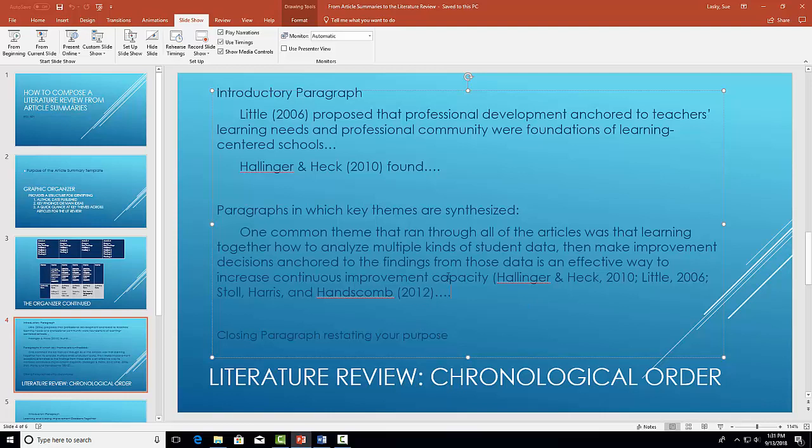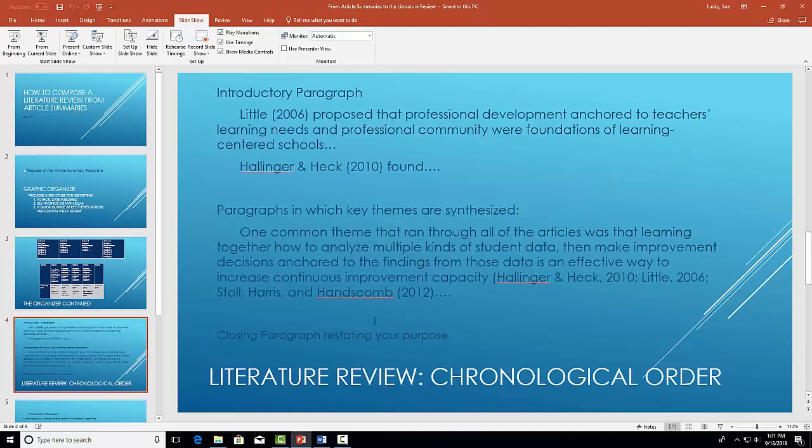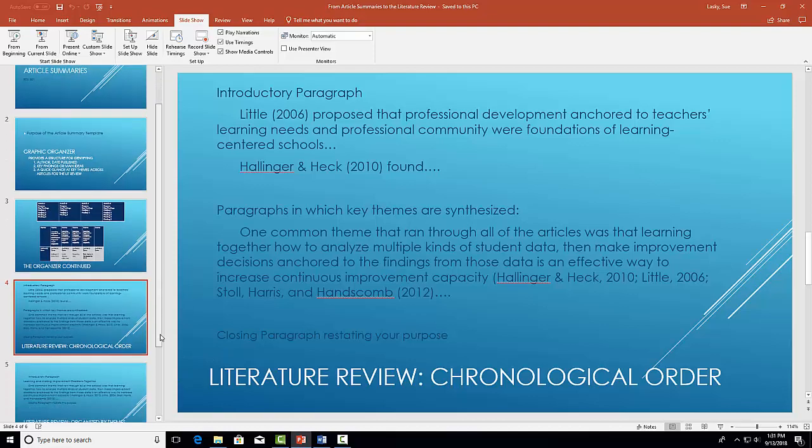And notice that what we've got here is a slightly more detailed explanation of what was over here as a key theme. So that's the purpose of this. You go from this to here, okay? Then you end this particular structure with a closing paragraph restating your purpose.